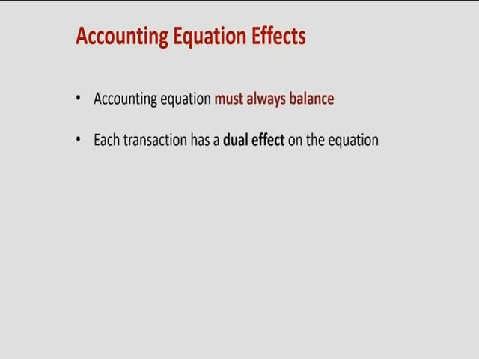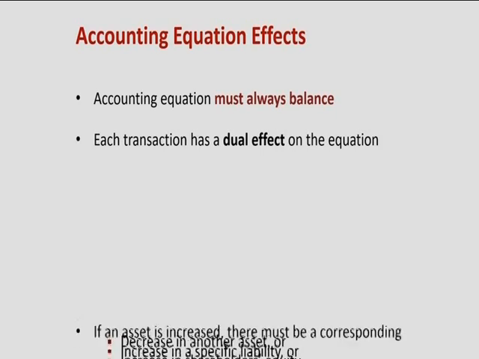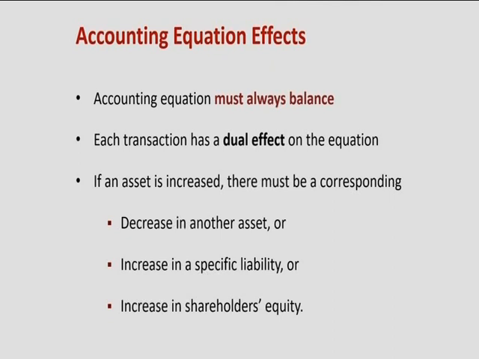Then it says that each transaction has a dual effect on the equation, meaning there is a debit entry for every credit entry. If an asset is increased, there must be a corresponding decrease in another asset, or an increase in a liability, or an increase in shareholders' equity. This is dual effect.